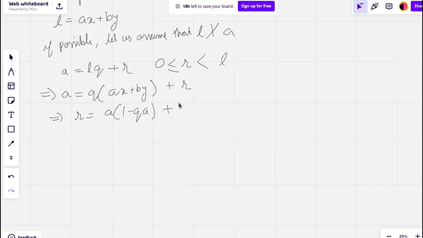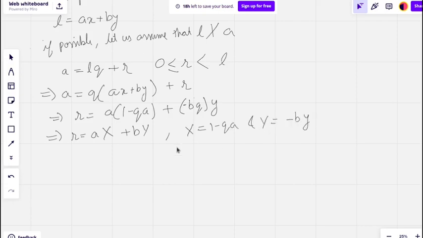Minus BQ times Y, right? So this is again in the form of AX plus BY. Here X is equal to 1 minus QX and Y is equal to minus Q times Y.